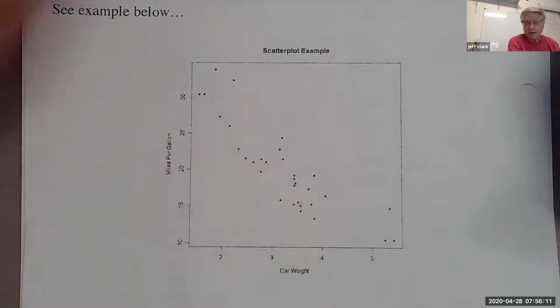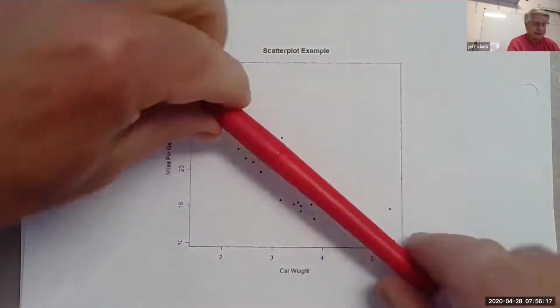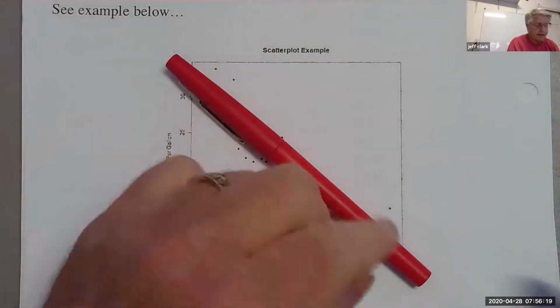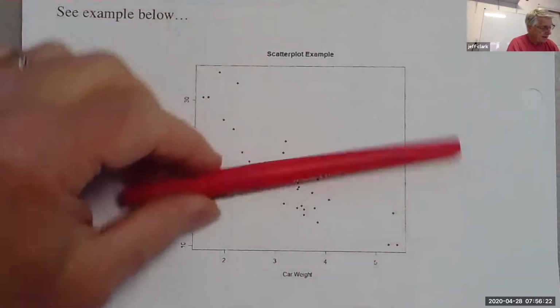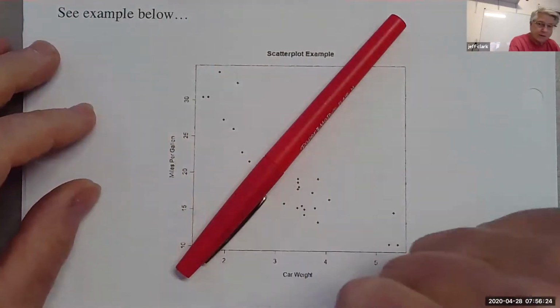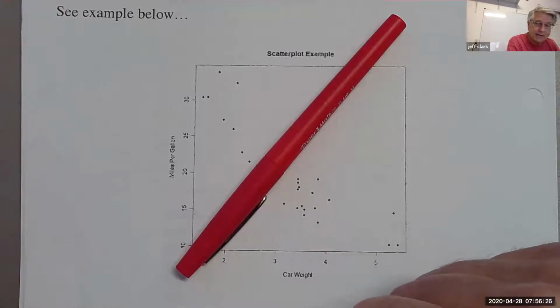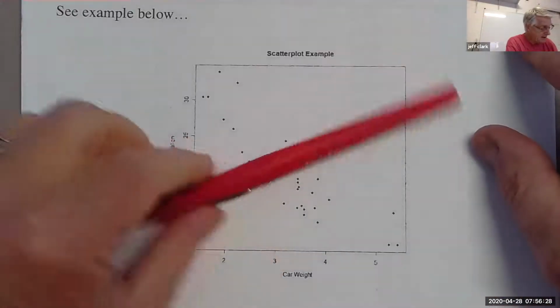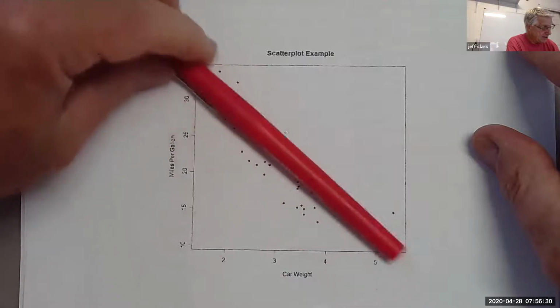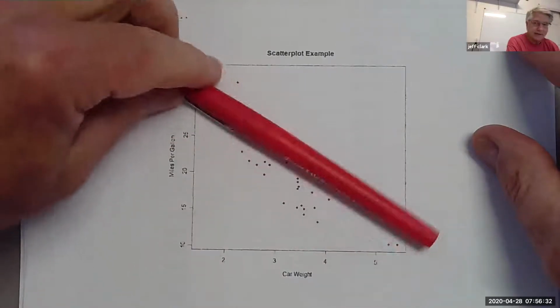You remember about slope. Slope of a line, if it's down to the right, is going to be negative. So if you've got a line that looks like this, the slope of that line is going to be negative. And if the red pen is a line that goes up to the right, that slope is positive. So anything that looks like it's going down to the right, we would say there's a negative relationship.